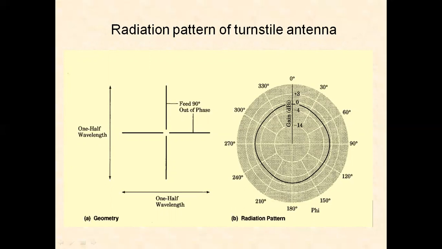The resultant field in all directions is equal to the square root of the sum of the squares of fields radiated by each conductor in that direction. Thus, the resultant radiation pattern is very nearly circular in a planar turnstile antenna, which is shown in the diagram.